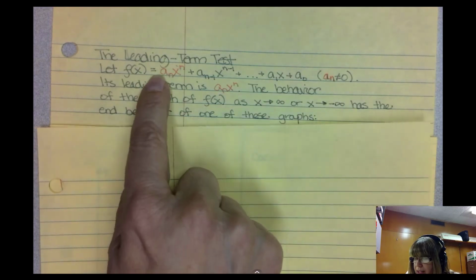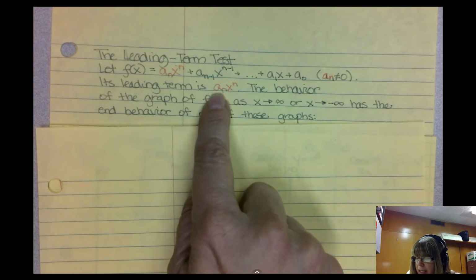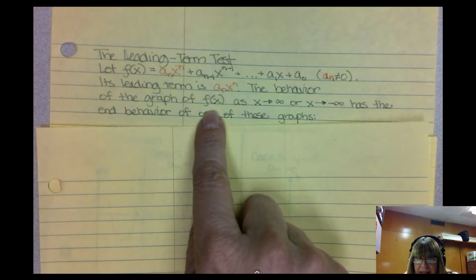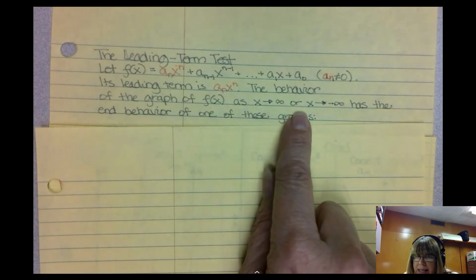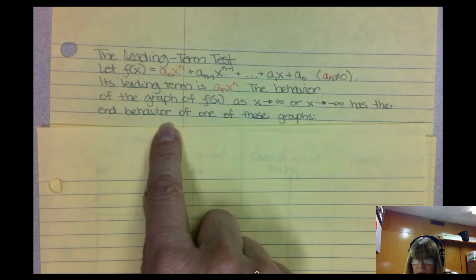Well, this a sub n x to the n is our leading term. And the behavior of the graph of f of x, as x goes off to infinity or to negative infinity, has the end behavior of one of these graphs, determined by this leading term.